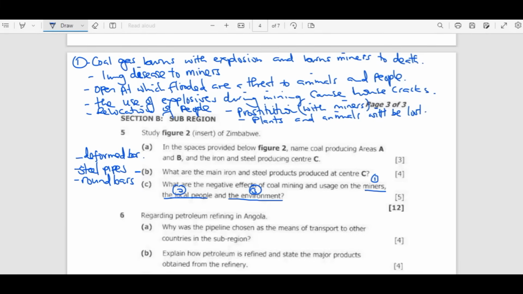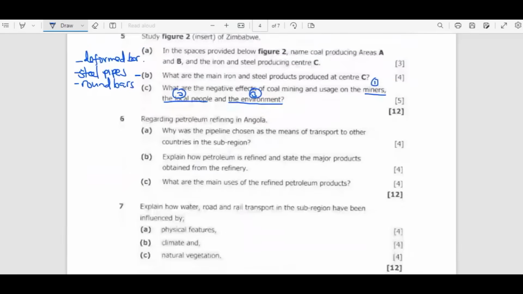Okay, so we can move. Regarding petroleum refining in Angola. This question: why was pipeline chosen as the mean of transport to other countries in the sub-region?